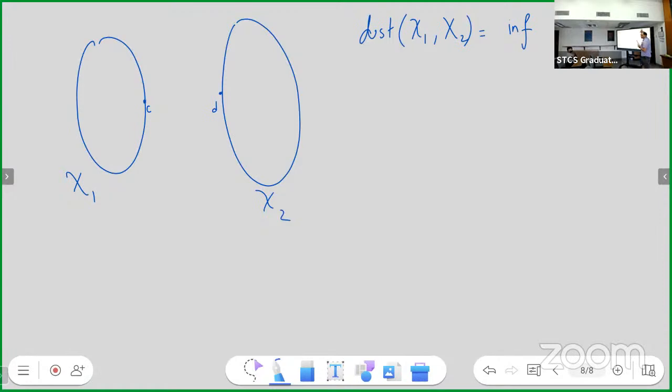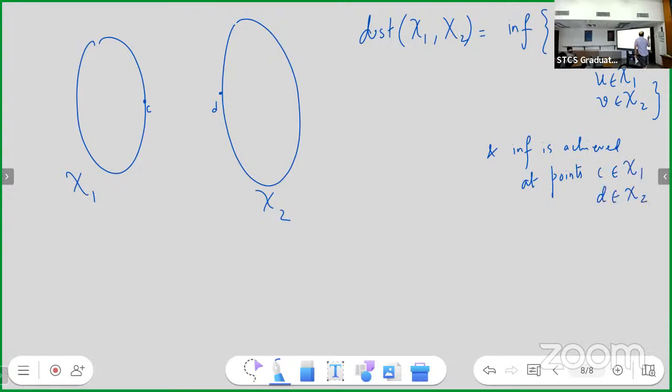Let me do the instance such that B belongs to x1, B belongs to x2. And when it is achieved, that means the minimum essentially at the point C belongs to x1 and D belongs to x2. Okay. This is the minimum distance.